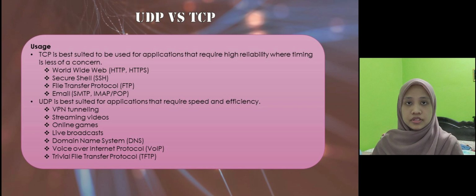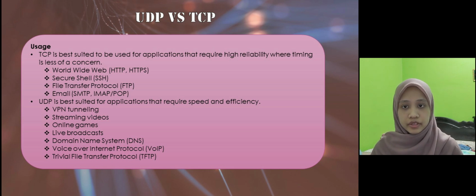Okay, last is usage. TCP is best suited for applications that require high reliability where timing is less of a concern, such as World Wide Web, HTTP, HTTPS, Secure Shell, File Transfer Protocol, and email: SMTP, IMAP, or POP.